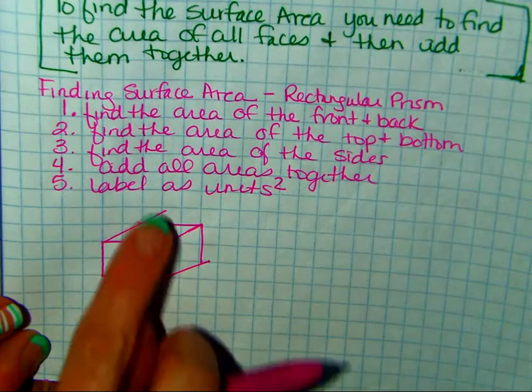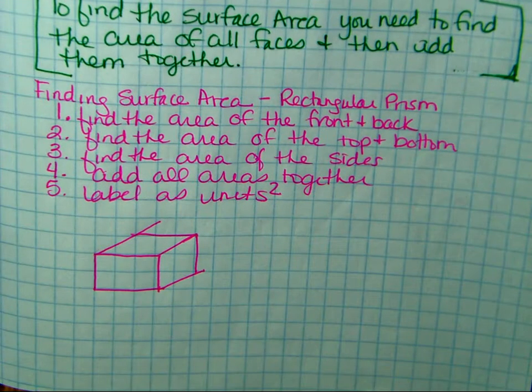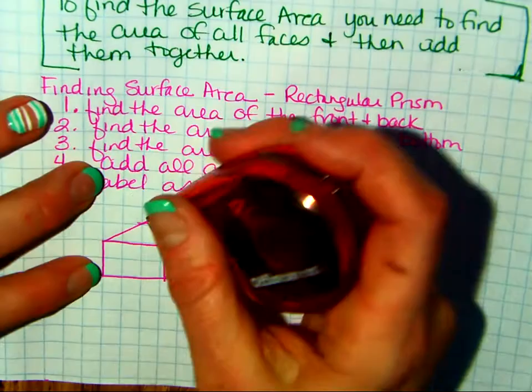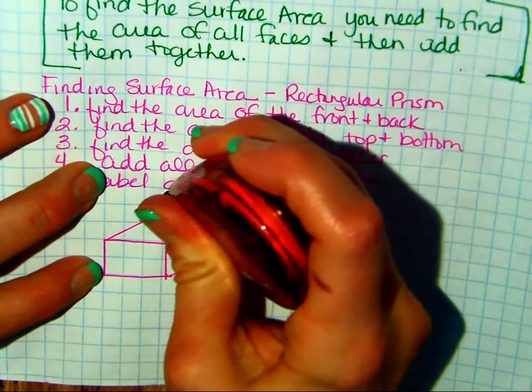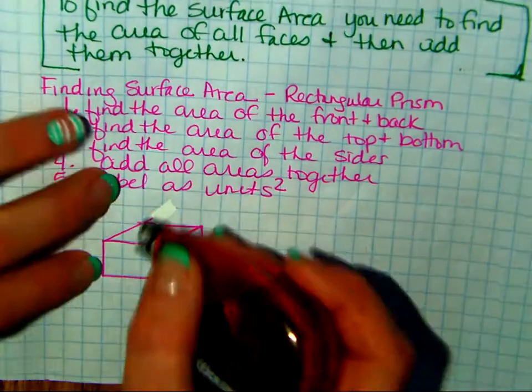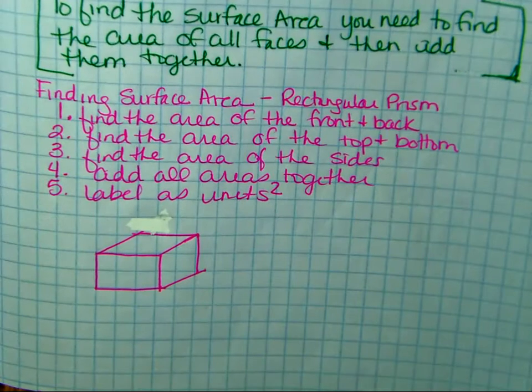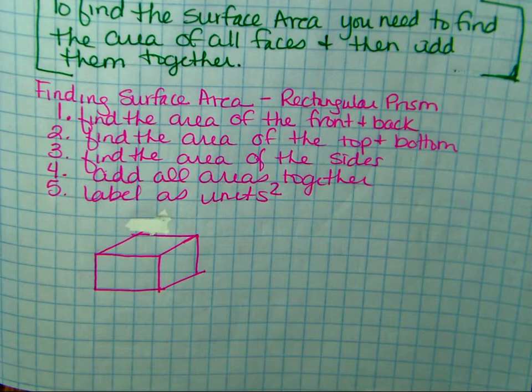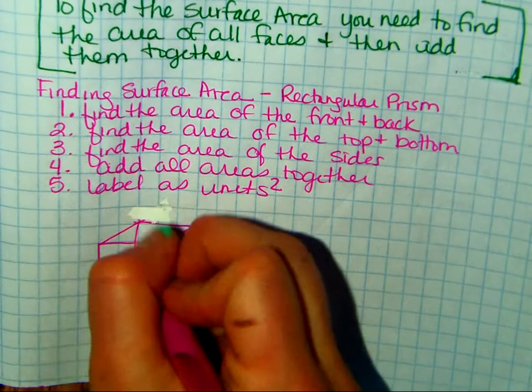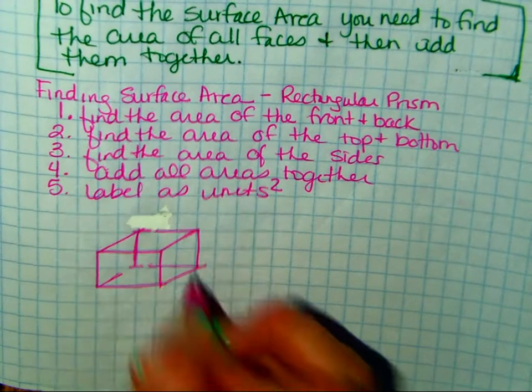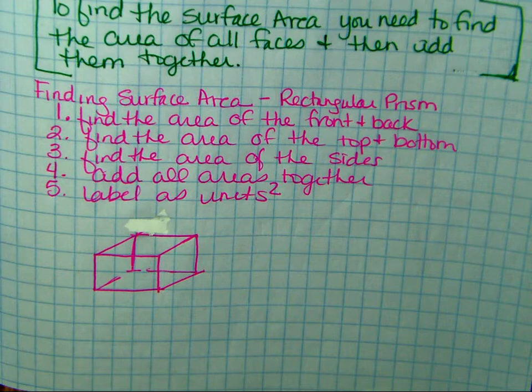Sorry, I messed up. A little better. It's not great, but you get the idea. That's why it's good to do your notes in pencil sometimes. Alright, so that's connected into my three-dimensional shape.